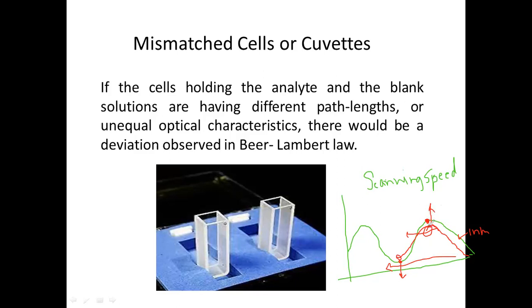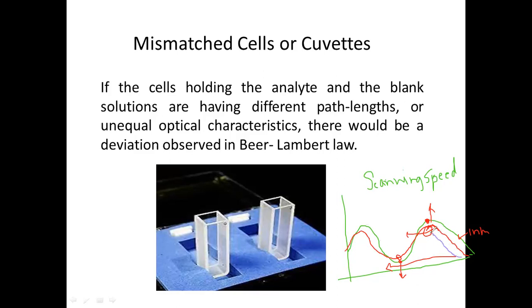The second thing is the absorbance value at lambda max is going to get decreased, and the absorbance value at lambda minima is going to get increased. The spectra is shifted towards the direction of the scan, and there would be a loss of resolution. Same way, if you still increase the scanning speed, there is a shift.